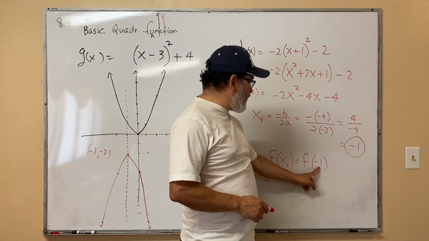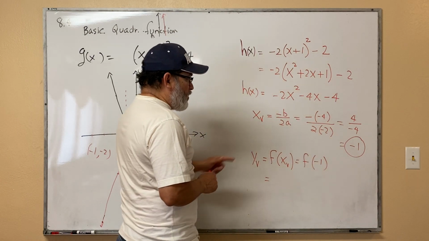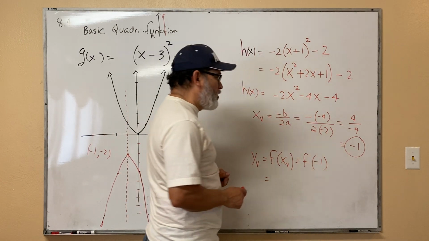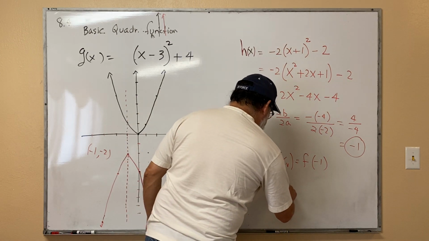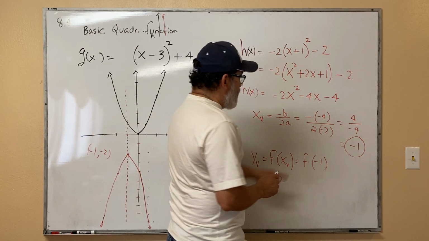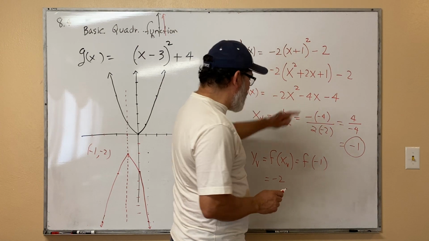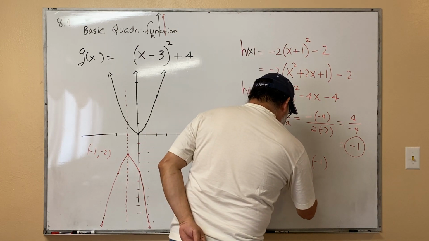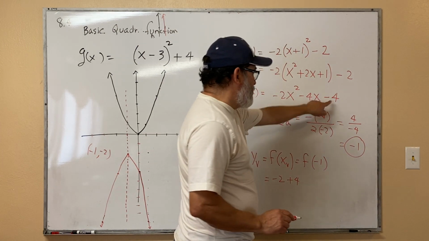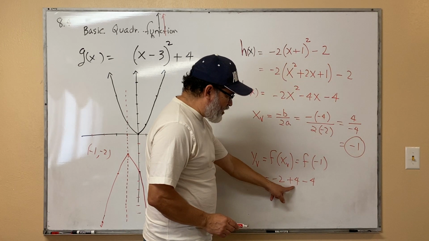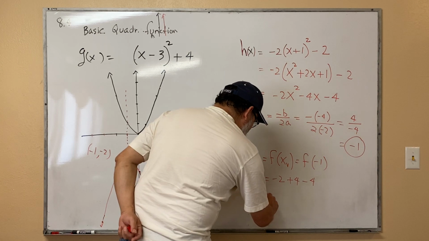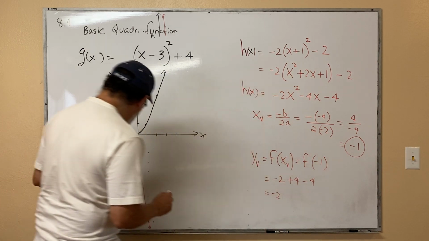When you plug in this -1, what's -1 squared? 1. What's 1 times -2? -2. What's -1 times -4? +4. -4. This +4 cancels this -4. The answer is -2. Exactly this.